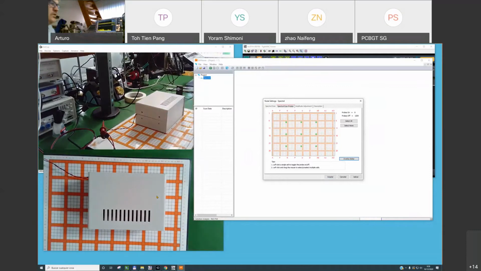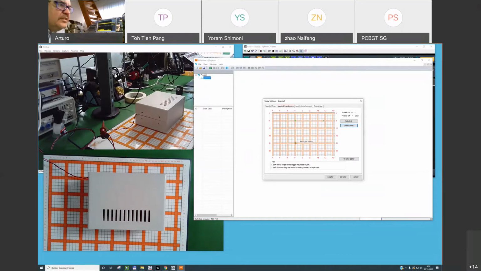This is what I am going to scan. I unselect the full number of probes, and select from P to AI, this one, and then we go to row number 20.